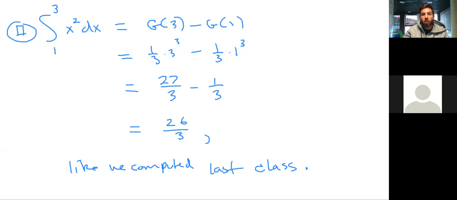Okay, so before we go further, it's important that you understand that this is a shortcut. I can't emphasize enough that the definition of the integral is that limit of a Riemann sum. That is the definition. It is a complicated limit.